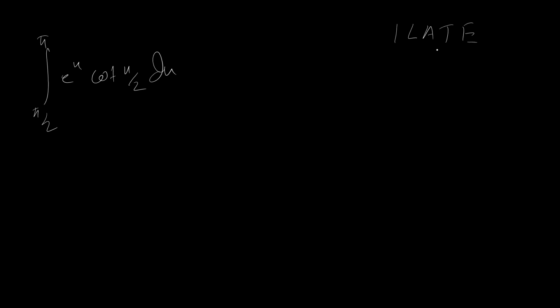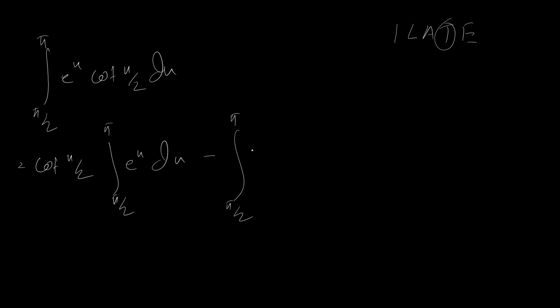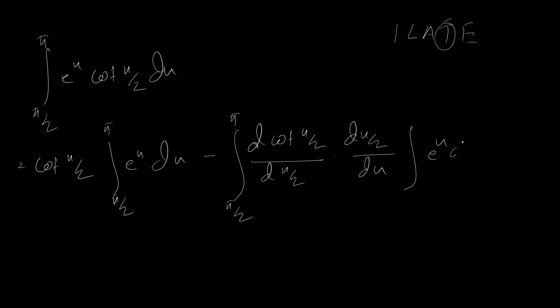ILATE, this is our trigonometric function, so it will be the first function. So it becomes cot x/2 times e^x from pi/2 to pi, minus the integration from pi/2 to pi of the differentiation of cot x/2 with respect to x, then again the integration of e^x dx.